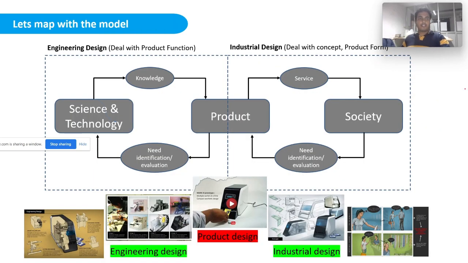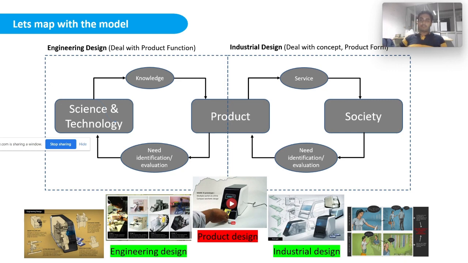Okay, so that's the end of today's presentation. Just at the end, I want you to understand how to map this particular design project into the model we learned in week one of this lecture.